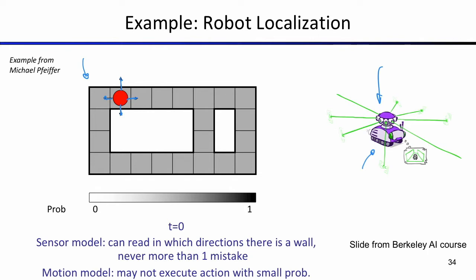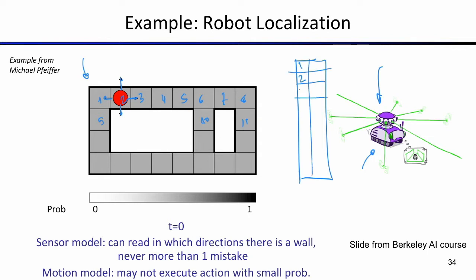So we can think that we have position 1, 2, 3, 4, 5, 6, 7, 8, 9, 10, 11, and we can number them. We can think of a representation for this map as a large state space where we have all these states: state 1, 2, 3 until the final state here.